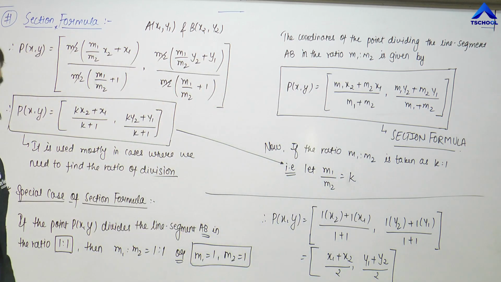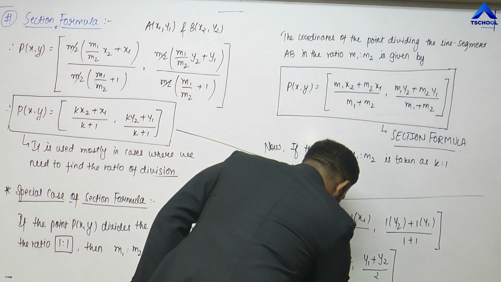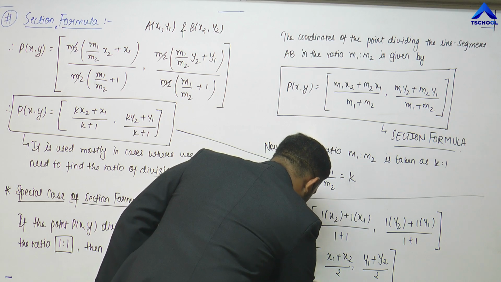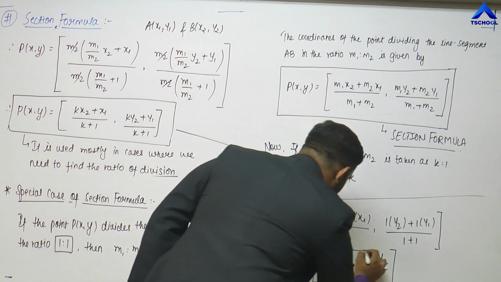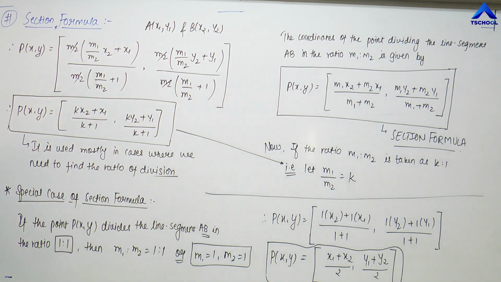Is this thing clear? So friends, this (x1 + x2)/2 and (y1 + y2)/2 is our special case of the section formula, which is also known as the midpoint formula, right?